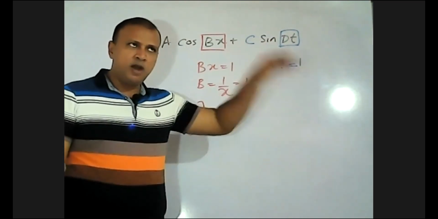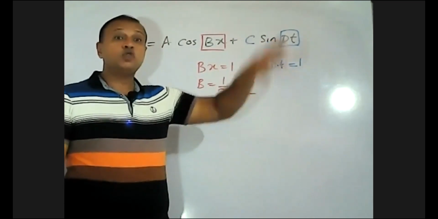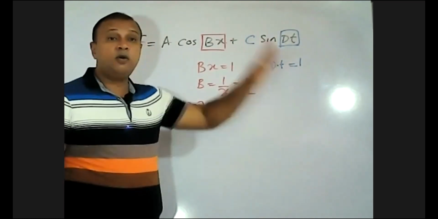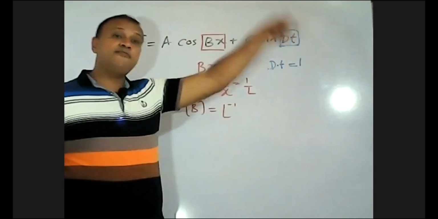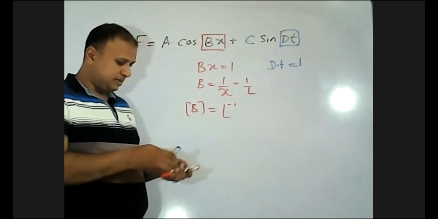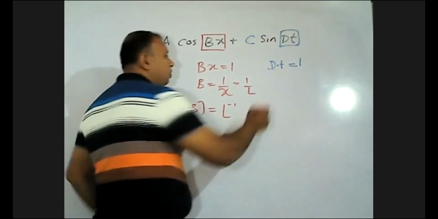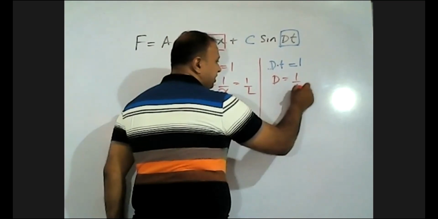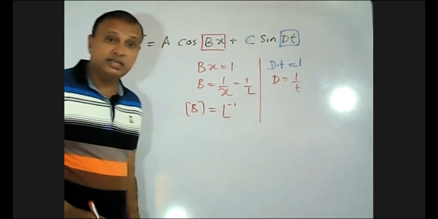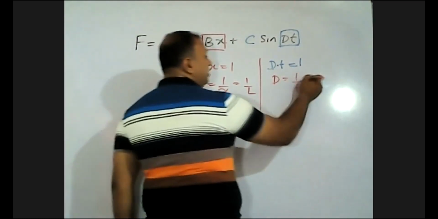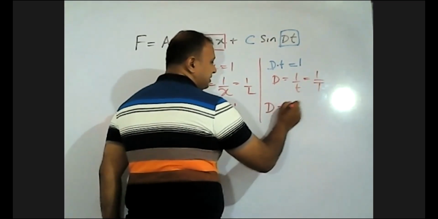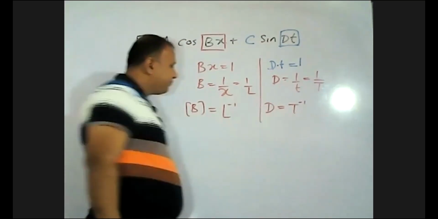If dt is equal to 1, d is equal to 1 over t, which means t minus 1. T is a time, therefore the dimension of t is capital T. So the dimension of d is T minus 1.